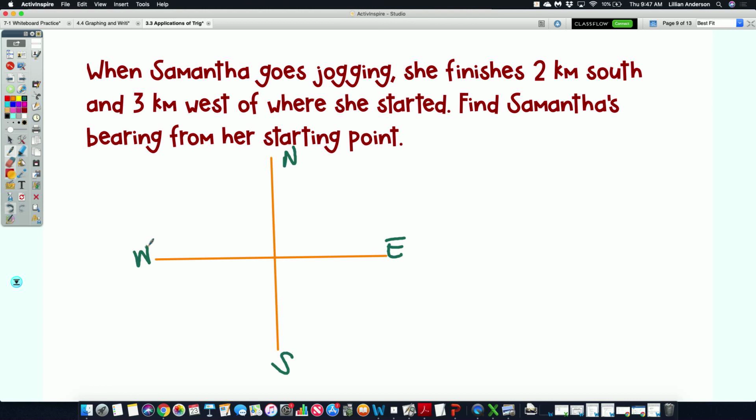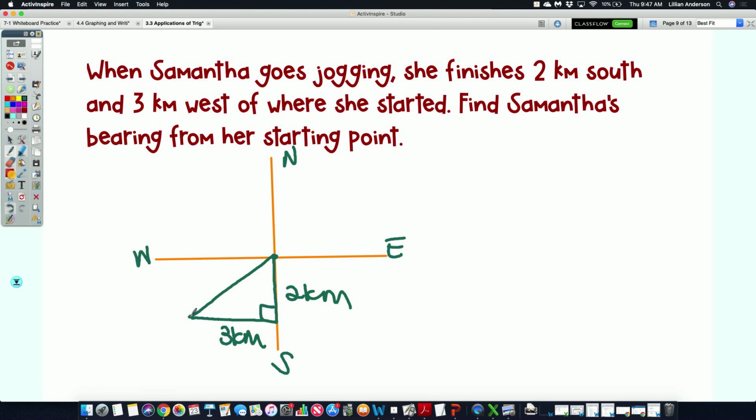So wherever she started, she went down 2 kilometers, and then she went west 3 kilometers. South and west form a 90-degree angle, so here we have a right triangle.